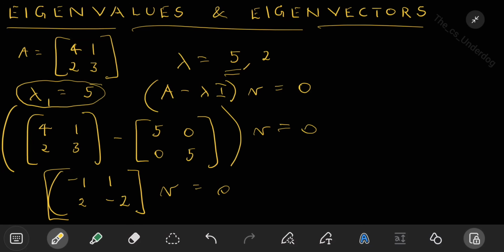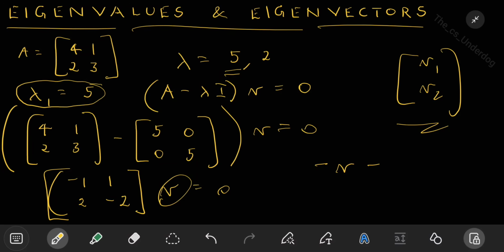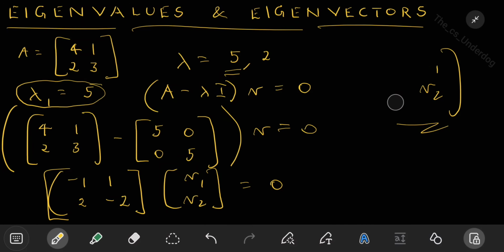Now let us say this vector v can be decomposed as v1, v2. If you multiply it, you will do it like this, into v1, v2, equal to 0. If you solve for this, what will you get? You will get minus v1 plus v2 equal to 0.